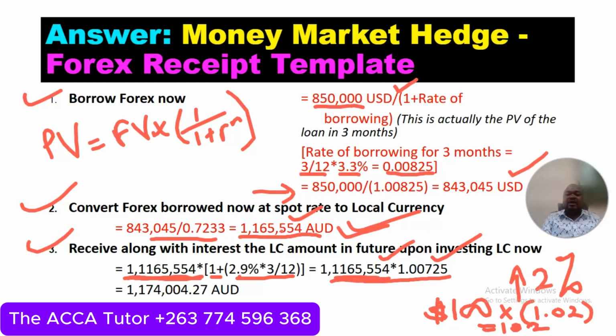The correct figure is actually 1,165,554 before investment, and then after investment, it should come to 1,174,004 Australian dollars 0.27.